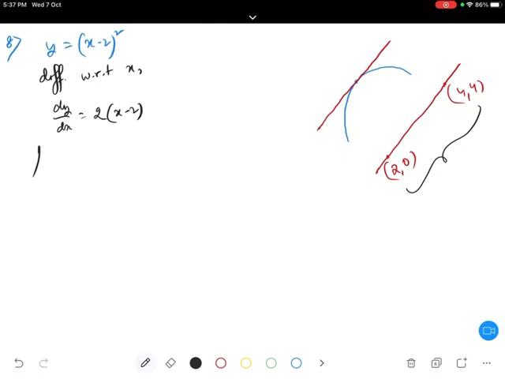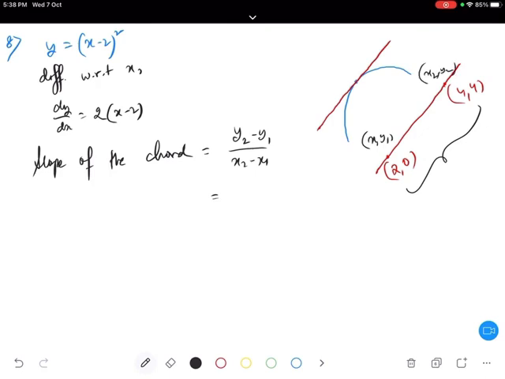So write down: slope of the chord is equal to (y2 minus y1) divided by (x2 minus x1). Just take any one of the points as (x1, y1) and the other one as (x2, y2). So y2 is 4 minus 0, divided by 4 minus 2. You got the answer 2, right? So the slope of the chord is equal to 2.